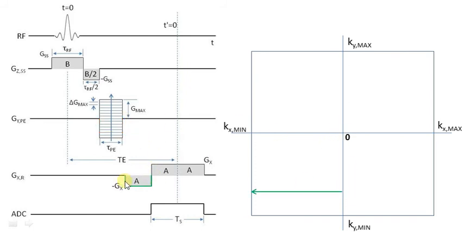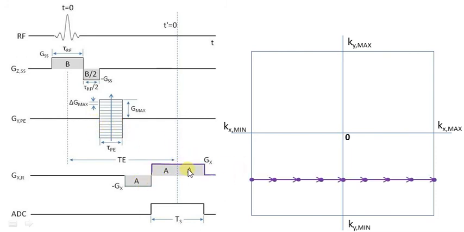We turn on the read gradient, which happens to be a negative going lobe again, and move to this point in k-space, kx min. Then we turn on the positive going read gradient, which moves us in this direction in k-space, and so on.